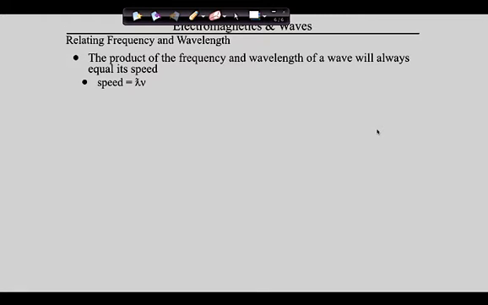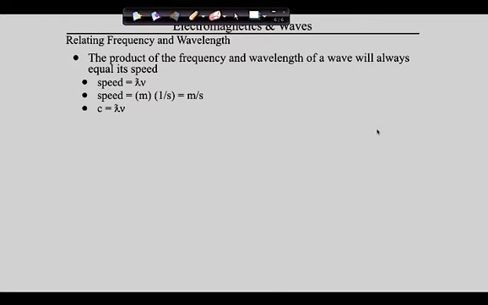But if we're talking about light, then speed is actually the speed of light, which is abbreviated c. That's the same c as in E equals mc squared. C is our abbreviation for the speed of light. So now, guys, we have an equation that we can use to figure out the relationship between wavelength and frequency for waves.